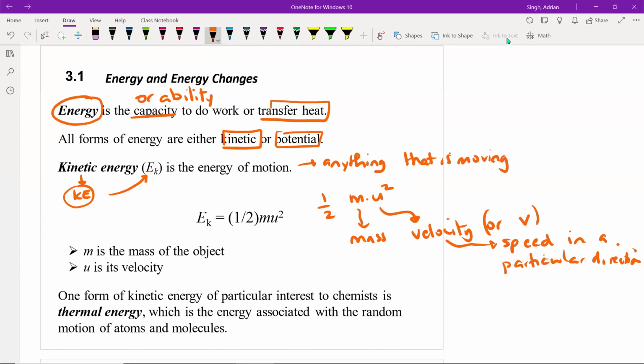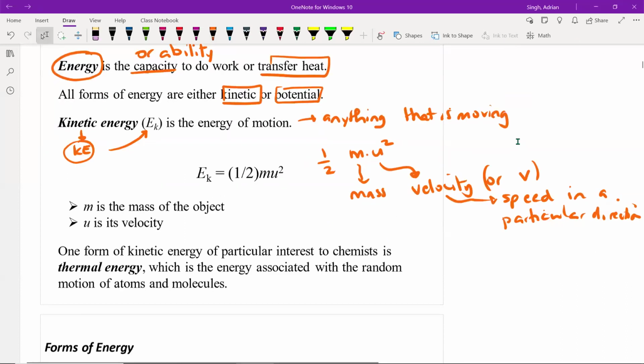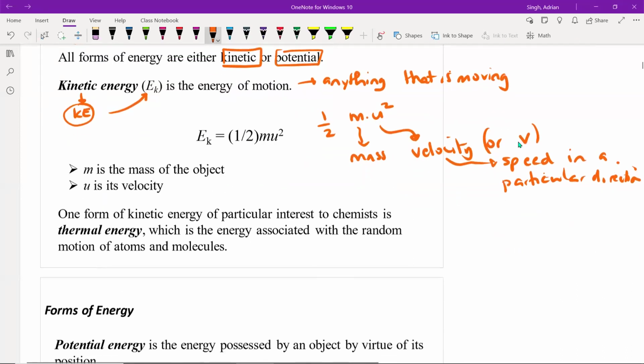There are all different types of examples of kinetic energy. One that we're going to focus a lot on in our class is something known as thermal energy. We often refer to that as heat, but it really is thermal energy. I'm going to put heat in quotations.